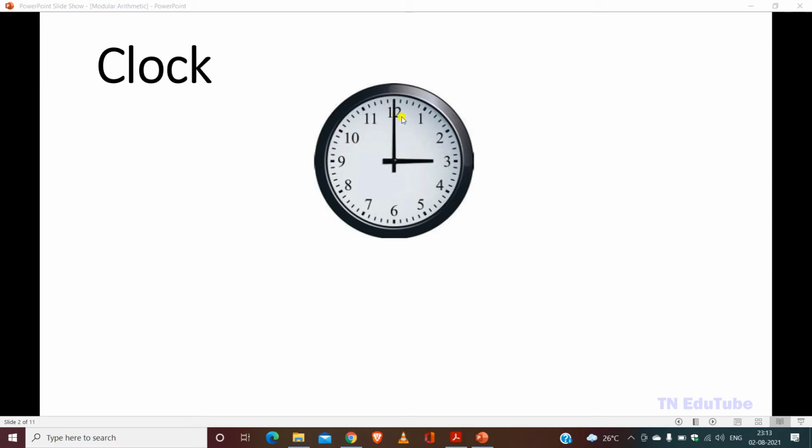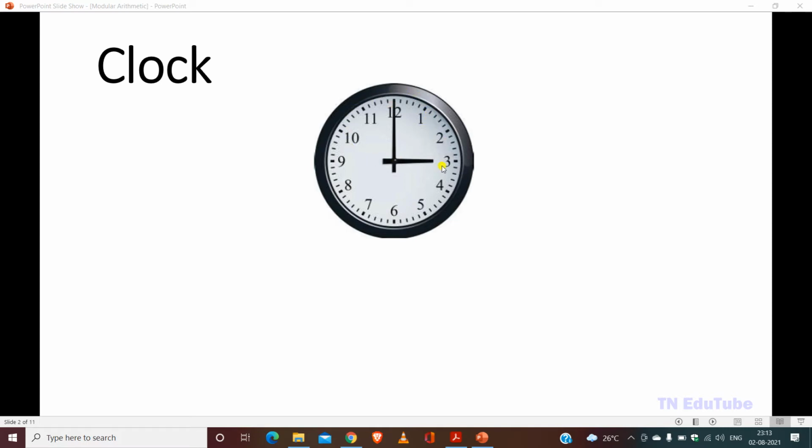While the needle hits this 12, it again goes to 1 automatically. So 24 hours can be split into 1 to 12, and again 1 to 12.